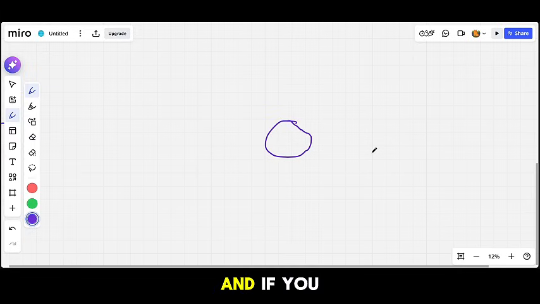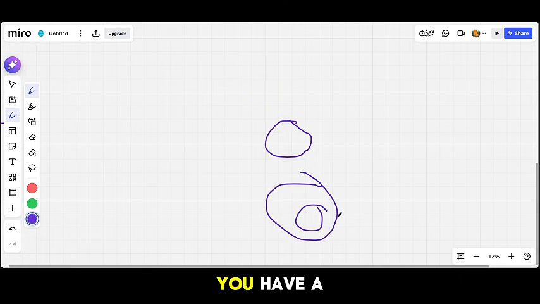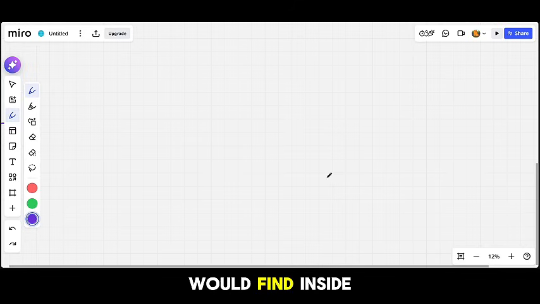If you imagine the atom here, and then you have an S orbital, then this will be the orbital, just a sphere. That's where you would find the electrons.